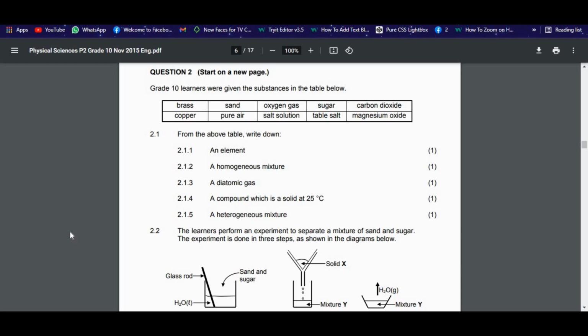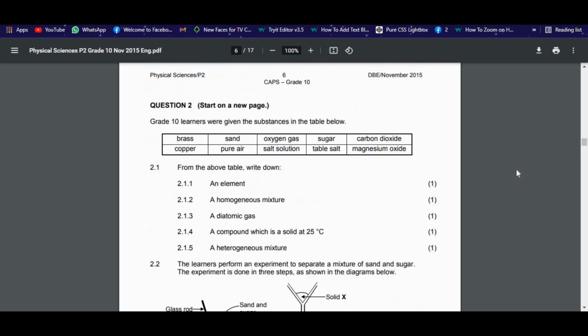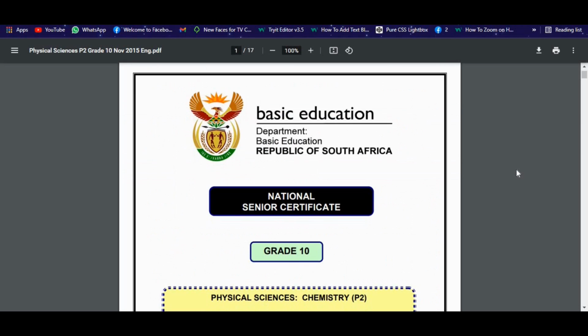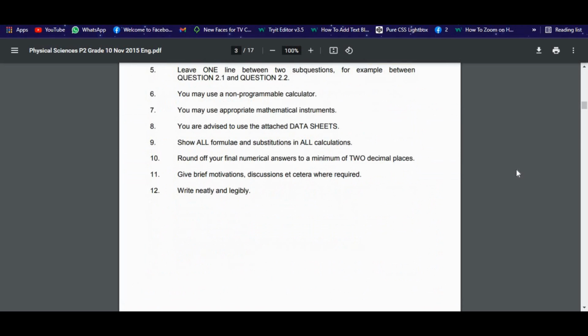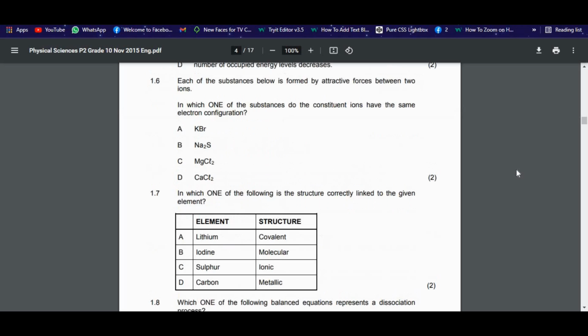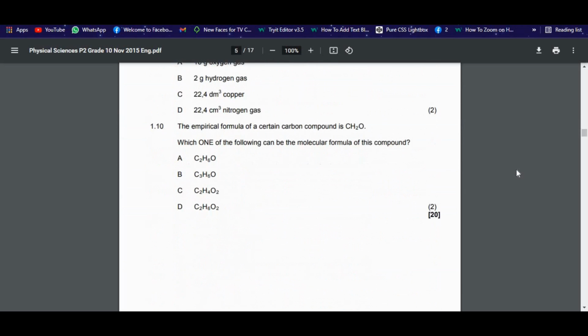We'll take you through an entire November exam. Now this November exam here is the 2015 common paper, so that's about 6 years ago. It's 150 marks for 2 hours. And we're going to skip the multiple choice and go straight to question 2.